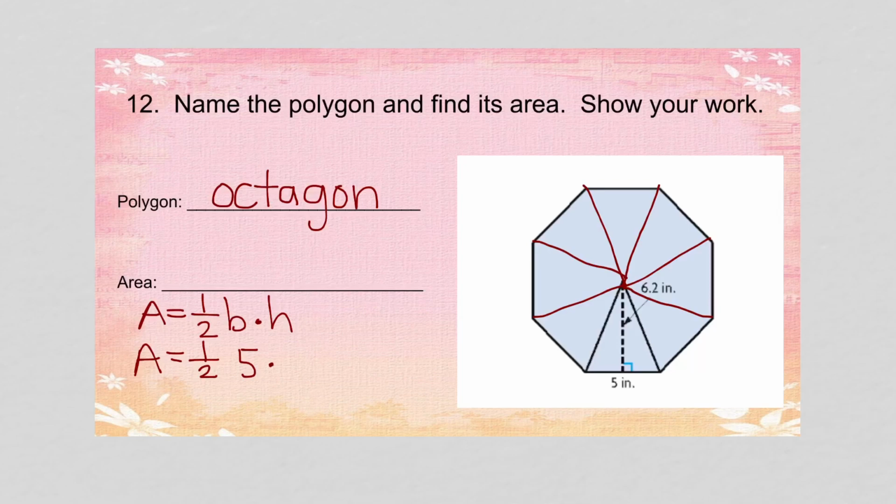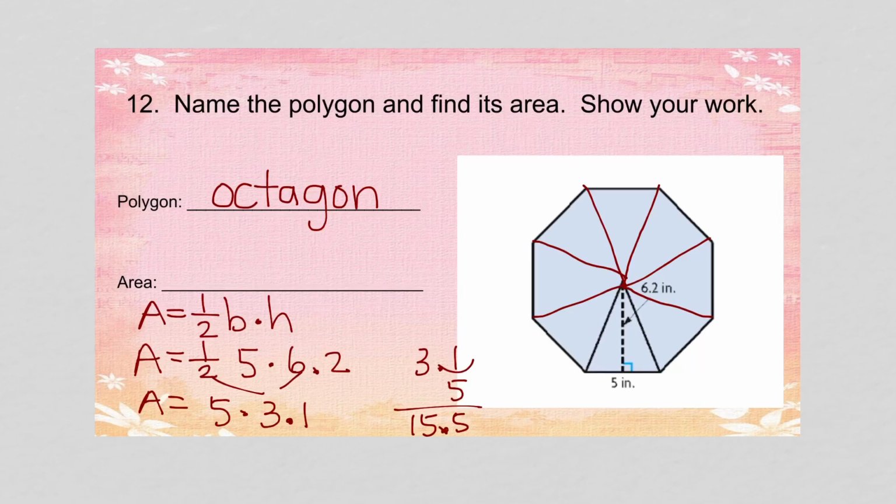What's my height? 6.2. All right. So area equals, I know a lot of you took half of 6.2. So 5 times 3.1, right? So 3.1 times 5. 5, 15. Some of you forgot to move out, move in. So it should be 15.5.